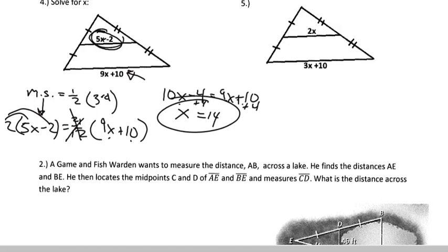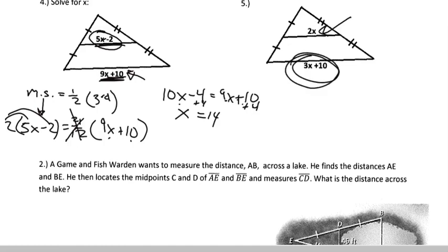So once again, you can double this one and set it equal to that, or you could half that one and set it equal to this. Both of them mean the same thing. I'm going to double this because that's much easier. Double that, and that gives you 4x.